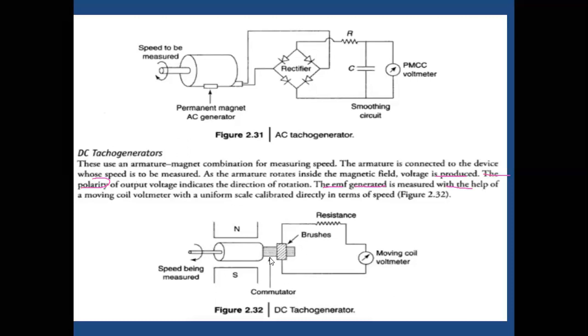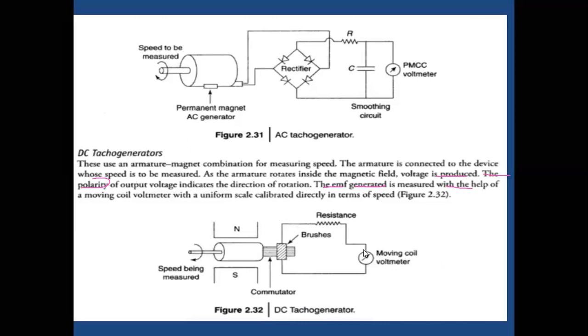The commutator is nothing but a coupling, connecting the motor armature to the brushes. The brushes collect the voltages, which are passed through the resistance and the moving coil voltmeter.